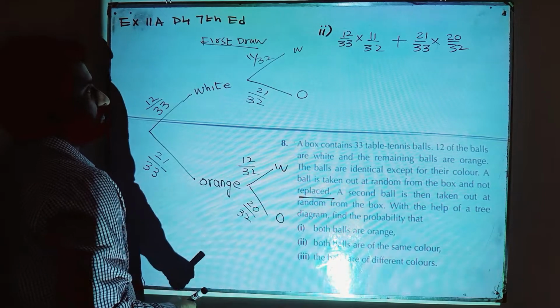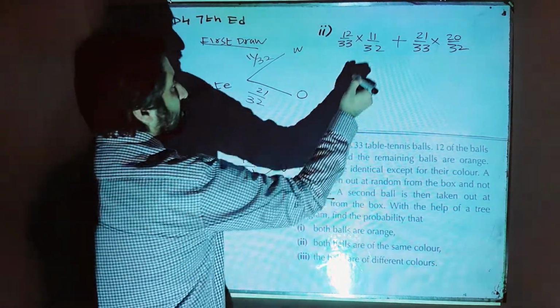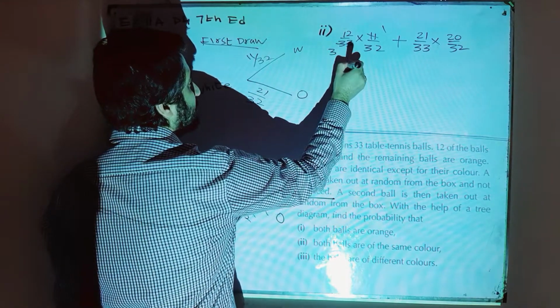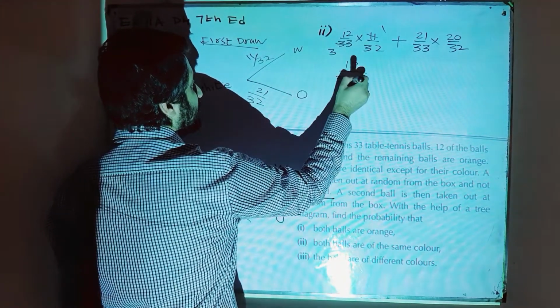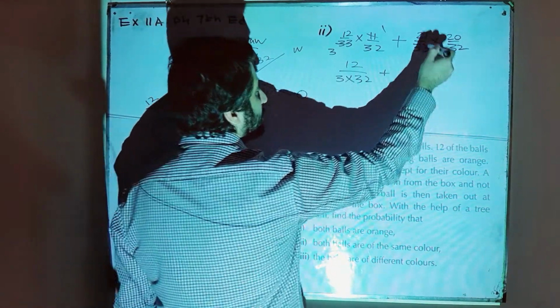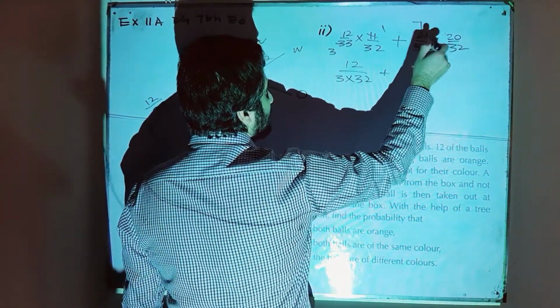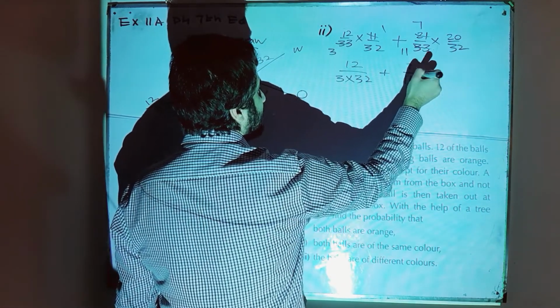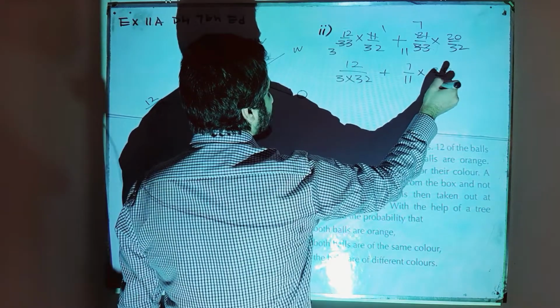So you can simplify it. 11 once is 11, 11 threes are 33, so it will be 12 over 3 into 32, plus, what can be done over here, 3 sevens are 21, 3 elevens are 33, 7 over 11 into 20 over 32.